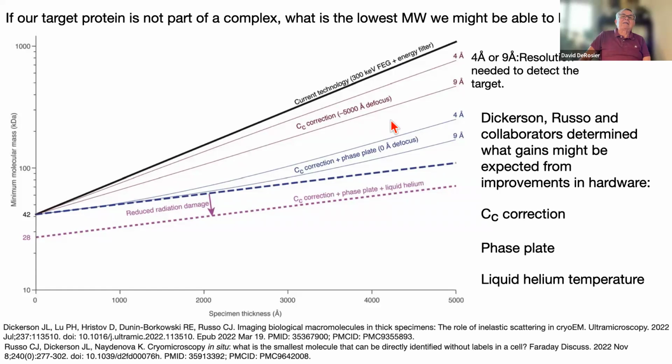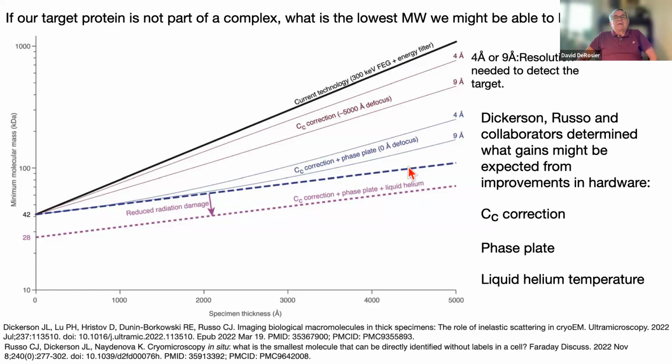Now, if you add chromatic correction for the chromaticity of the beam, meaning that you have fewer electrons that don't have the correct energy, you can, of course, do better. And this line is about the best you could do with the CC correction, phase plate, and so on.